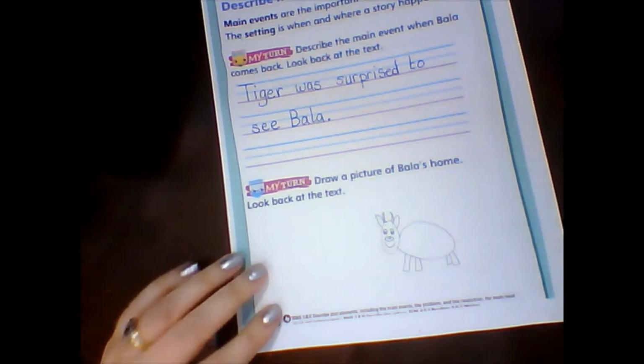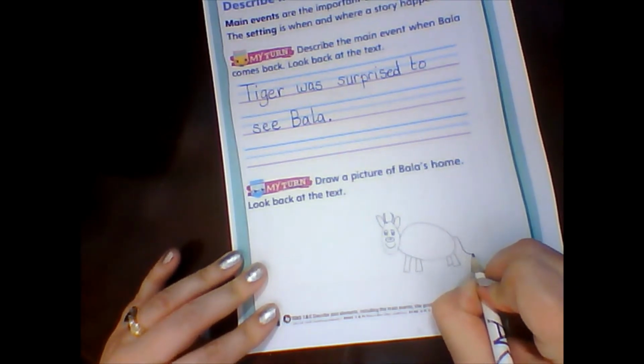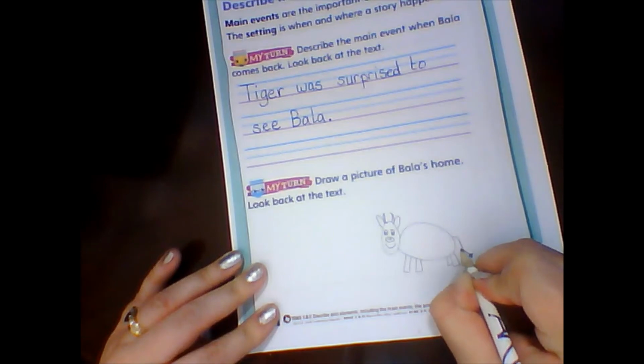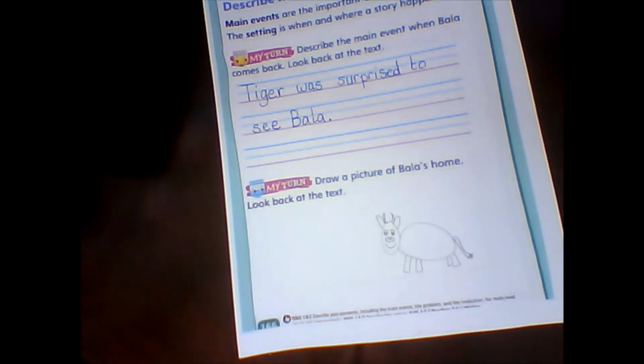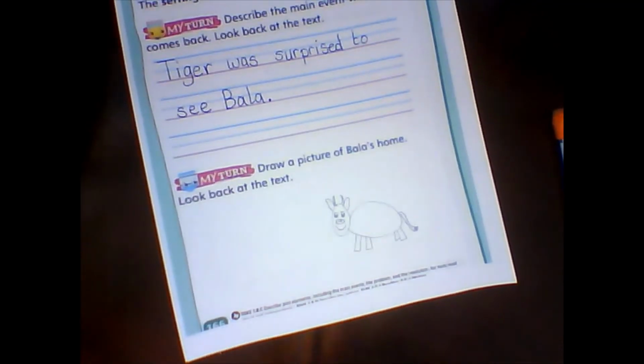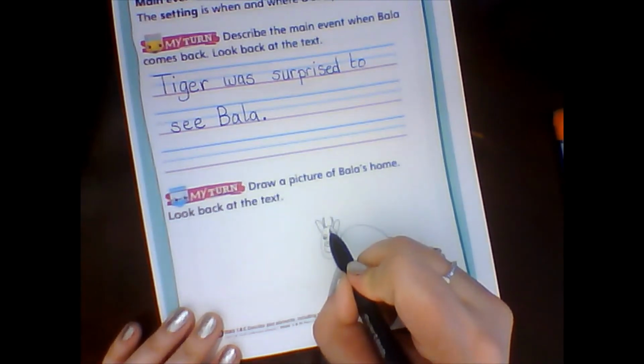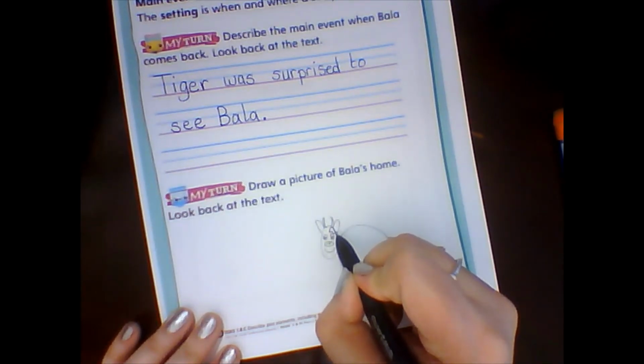Oh, you know what I almost forgot? Bala's tail. Ooh, cows almost have a tail, don't they? Okay. Okay, so let's do some of Bala's coloring. She had black patches, didn't she?